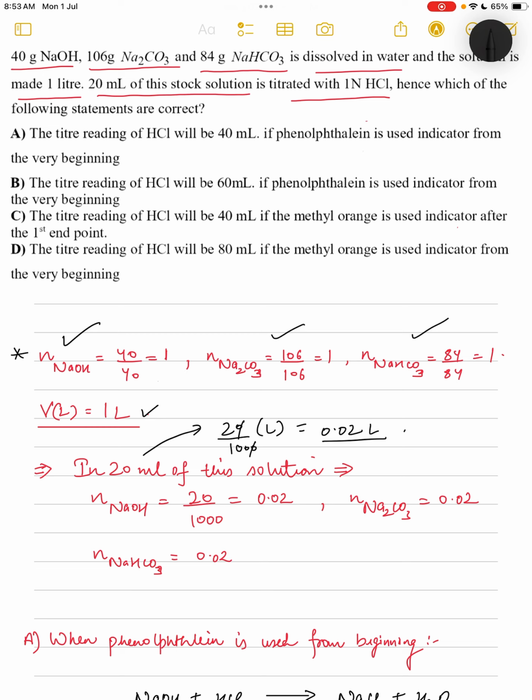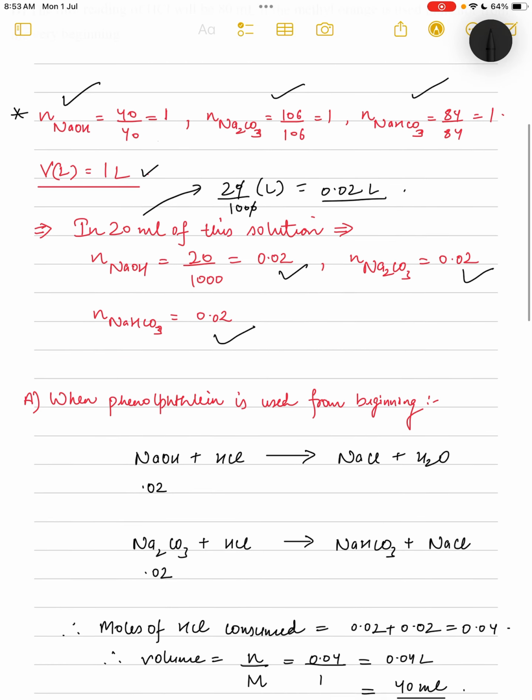If 1 liter contains 1 mole of NaOH, then 0.02 liter contains 0.02 moles. The same story is with Na2CO3 and NaHCO3. That means 20 ml of the stock solution contains 0.02 moles of NaOH, 0.02 moles of Na2CO3 and 0.02 moles of NaHCO3.